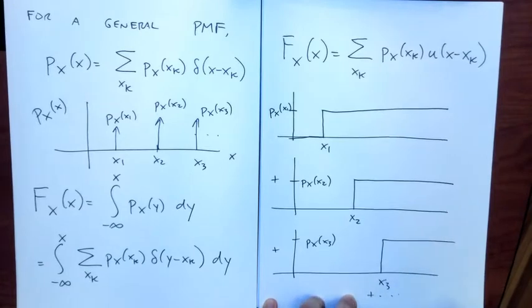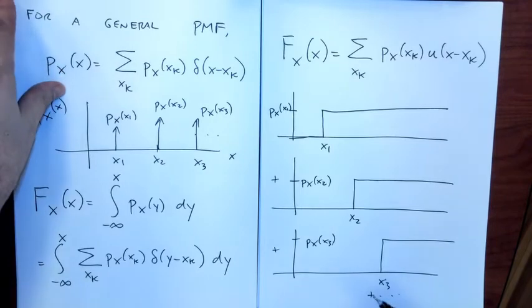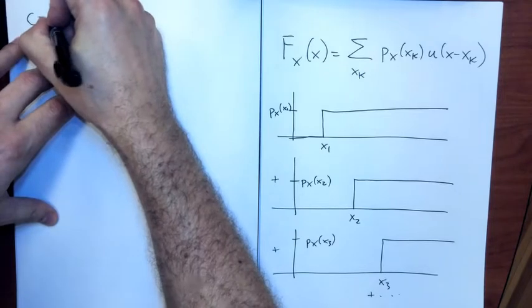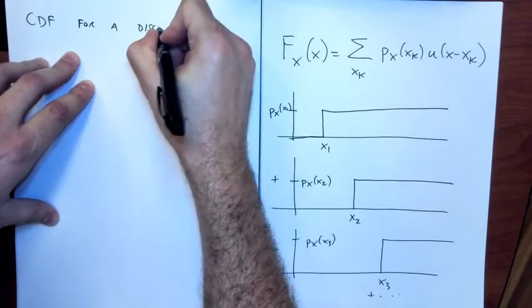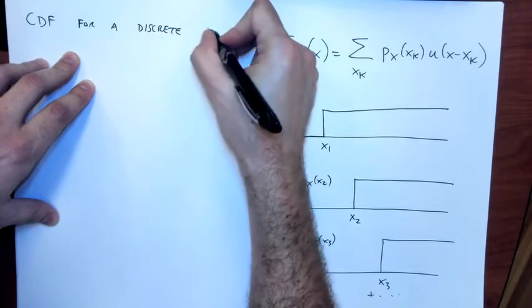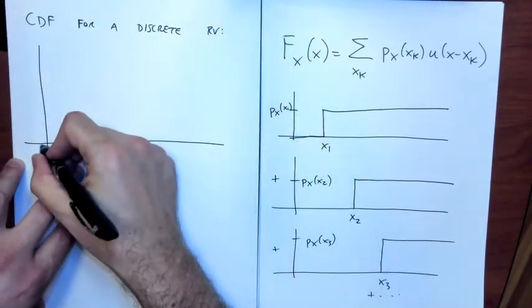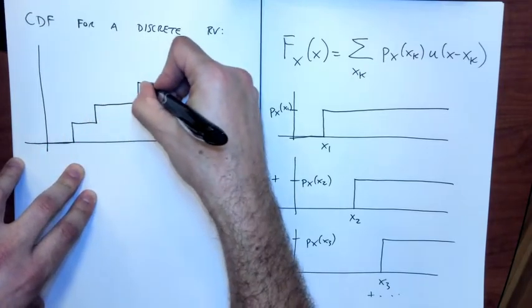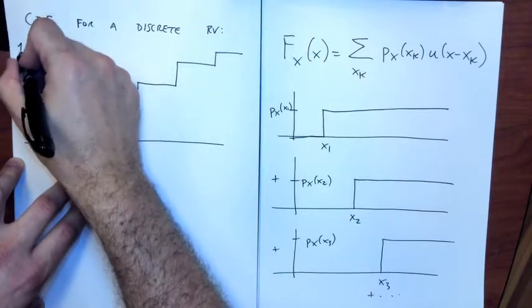And so on. The result that I expect for any discrete random variable is that my CDF is going to look like a stair-steppy function. It's going to be 0 for a while, then it's going to turn on, and it's going to have a bunch of stair steps, and eventually it has to end at 1.